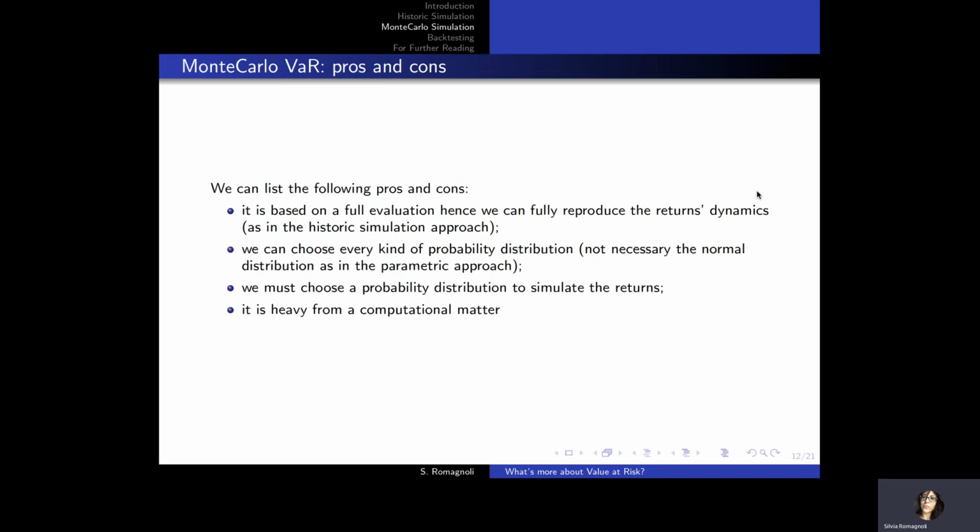Moreover, we can choose every kind of probability distribution, so we don't have any constraints concerning the normal distribution, as we have in the parametric approach. But as a con, we must say that a probability distribution must be chosen in order to simulate the returns, so an assumption must be made concerning the distribution of returns. And this method is heavy from a computational point of view.